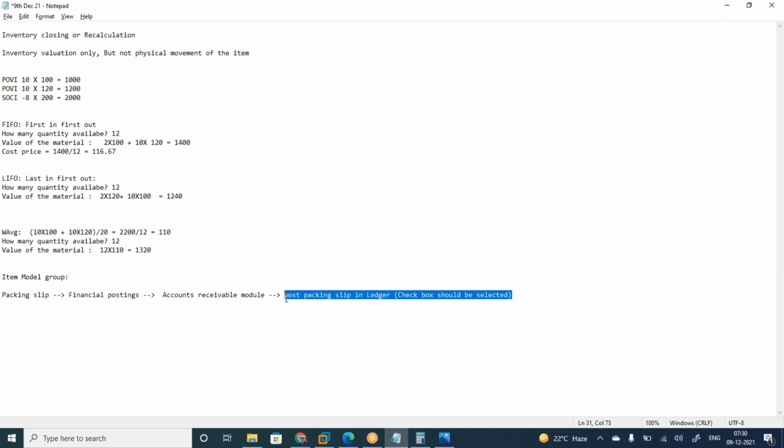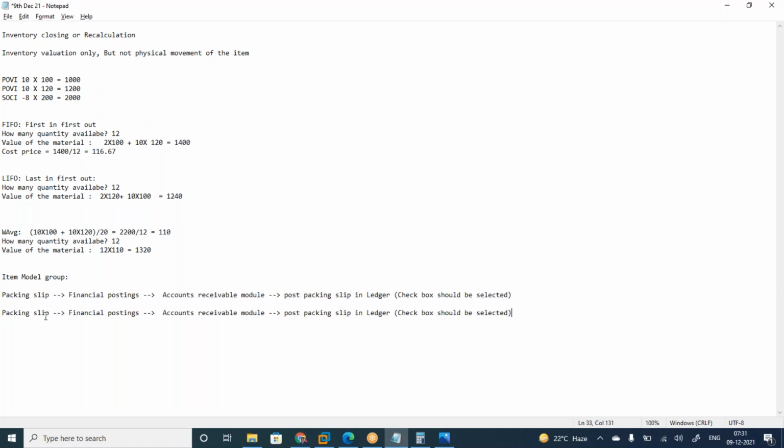Finance team? Anyone? Are you able to hear my voice at least? For booking the product receipt, Satya? Yes, exactly. This is packing slip and product receipt, both. If it is a product receipt, then it is the accounts payable module.